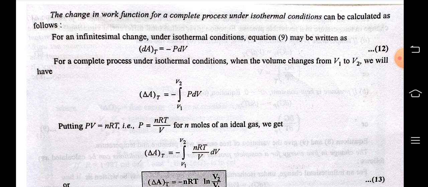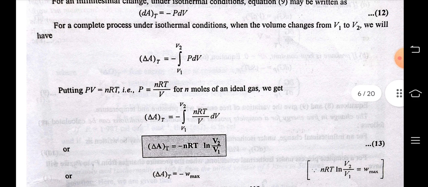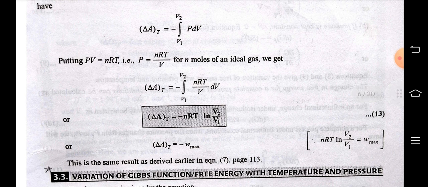Putting PV is equal to nRT, that is, P is equal to nRT by V, for n moles of an ideal gas, we get ΔA at constant temperature is equal to minus integral from V1 to V2 of nRT by V dV. ΔA at constant temperature is equal to minus nRT ln V2 by V1. ΔA at constant temperature is equal to minus W maximum.